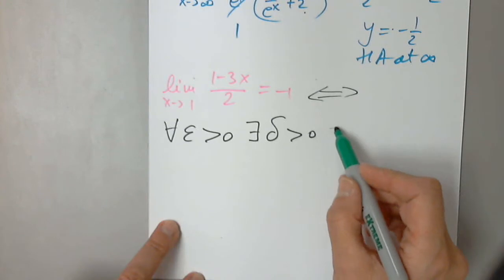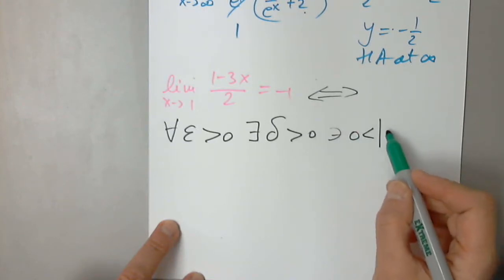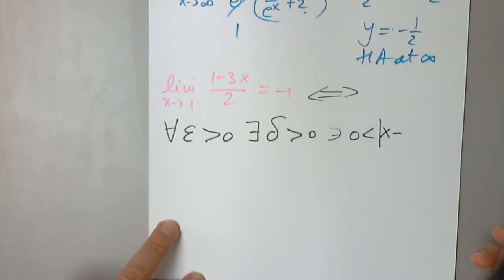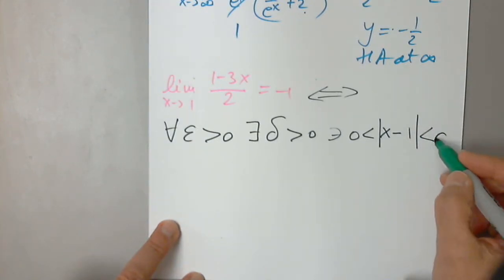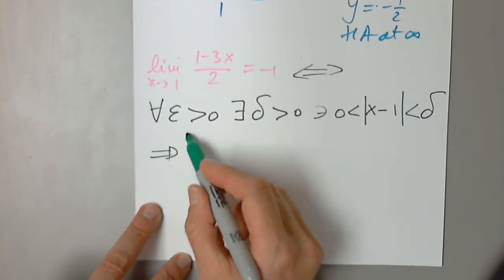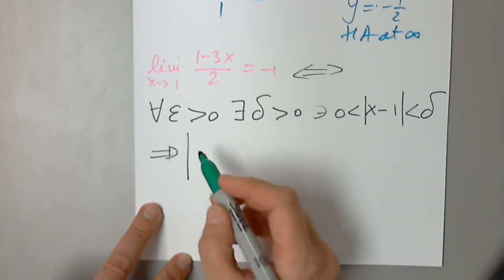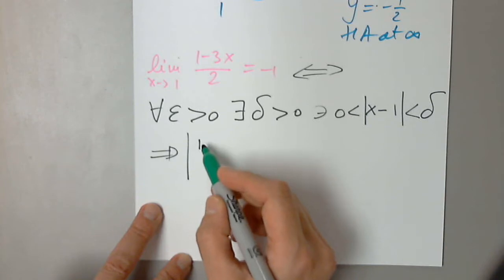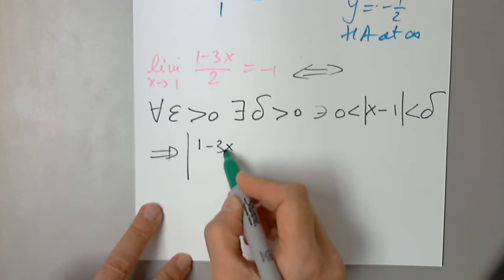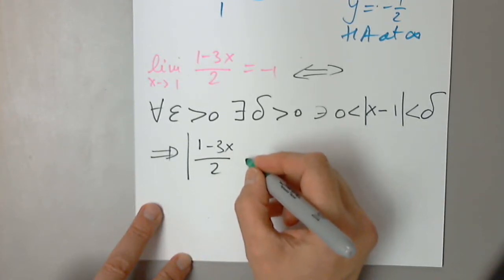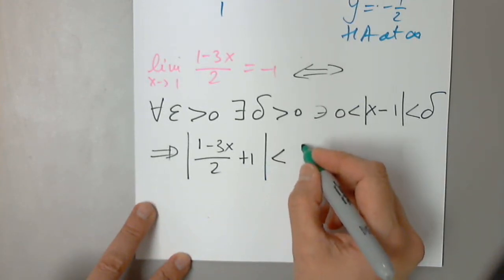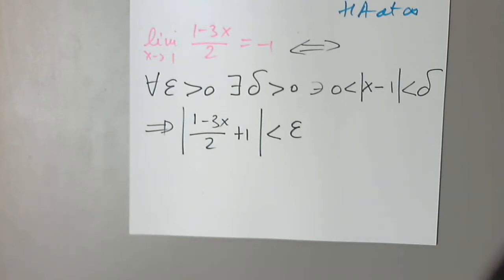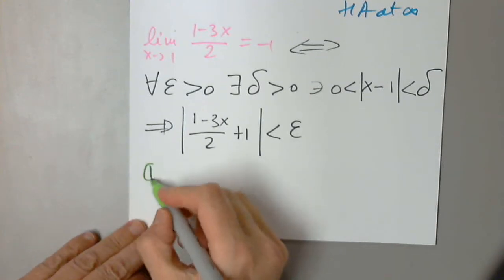There exists a delta such that every time I pick x minus 1 less than delta, this will always imply 1 minus 3 over x, so minus negative 1 plus 1, less than epsilon. Great job, thank you. We start from here, the first part of the proof.